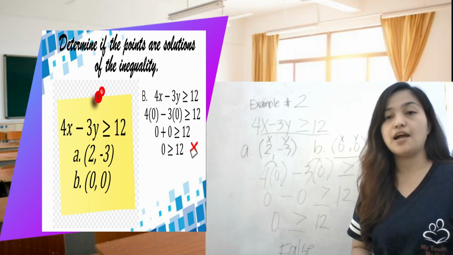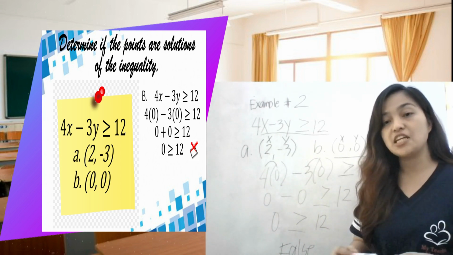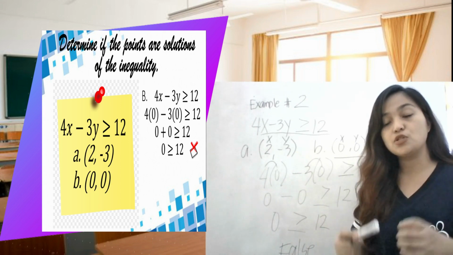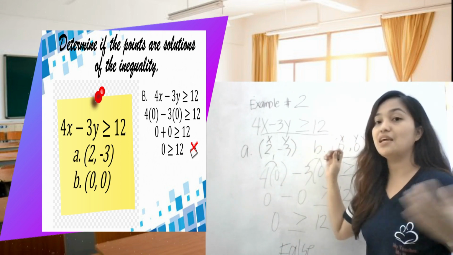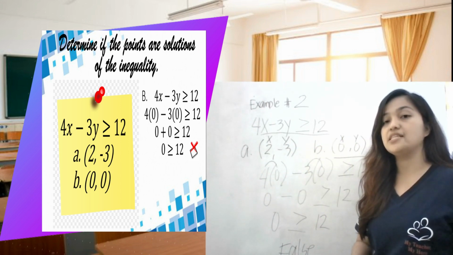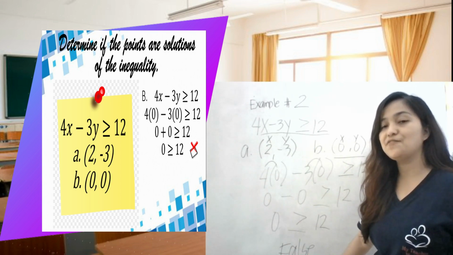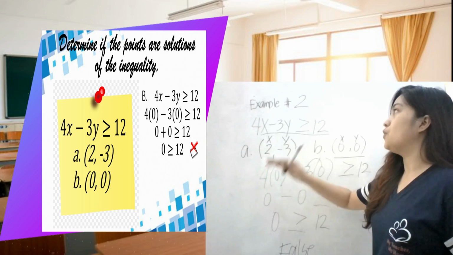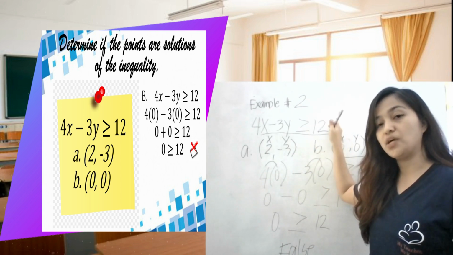Kung saan nag-intersect ang ating lines, yun ang solution. Kung ano yung point na intersection ng lines, yun ang solution ng linear equation. The same ng ating linear inequality. Hindi nga lang intersecting lines kasi wala naman tayong intersecting lines sa inequality. Ang meron dito, kung saan nag-true or nag-satisfy yung point na yon doon sa inequality, yun ang ating tinatawag na solution.